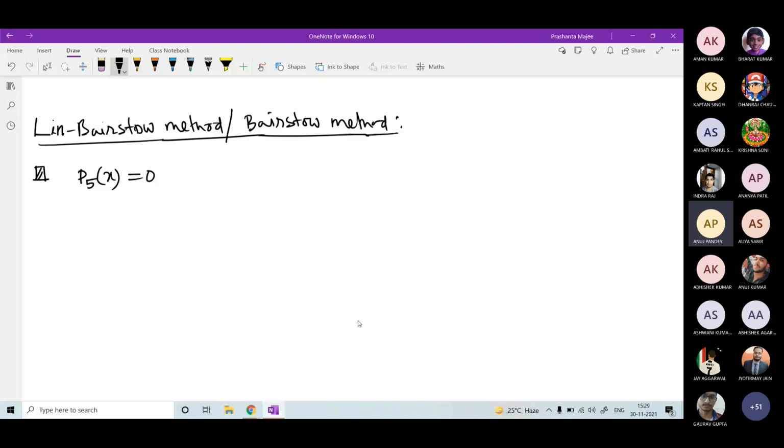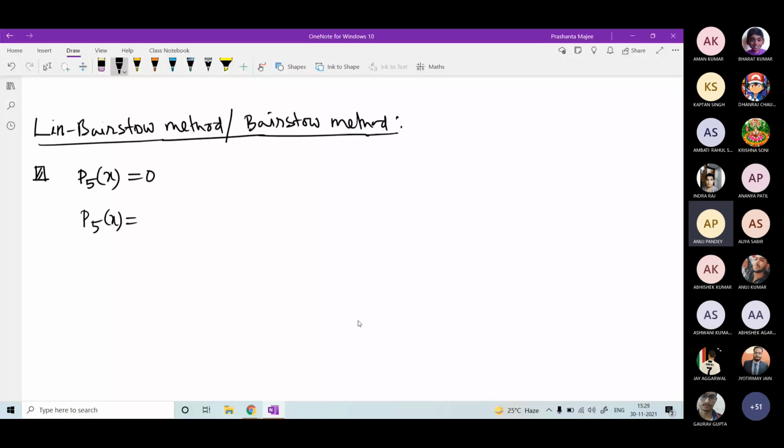If you want to find all the 5 roots, which method will you use? You will use the Lin-Bairstow method. It will help you extract quadratic factors. If you write p5(x) in terms of quadratic factors, how many quadratic factors does it have? 2 quadratic factors and 1 linear factor, is it not?